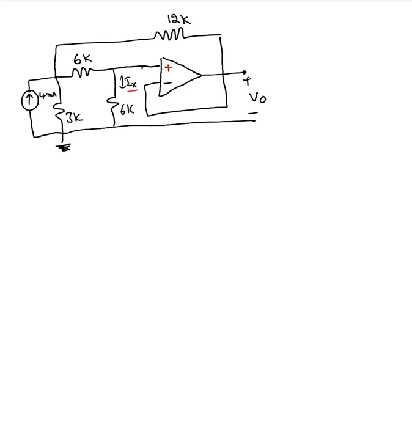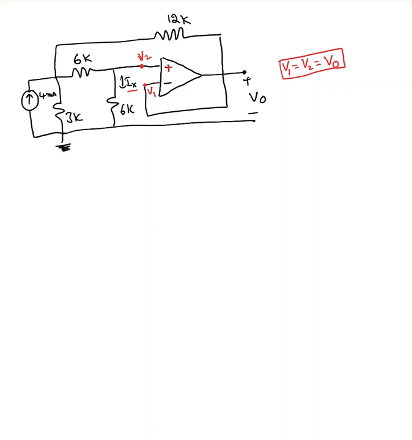Now as usual, I'm going to take this voltage as V2, and this voltage here as V1. Now V1 and V0 are short circuited, so can I say my V1 and V2 equal V0? Which I don't know what is V0 in this case.